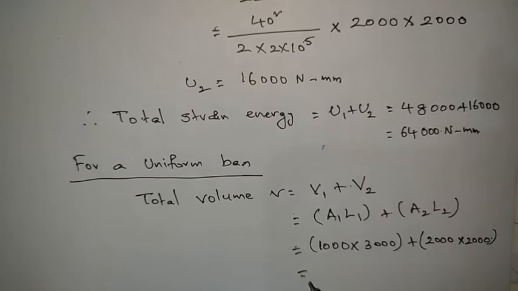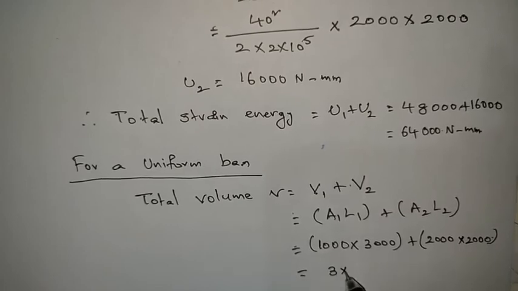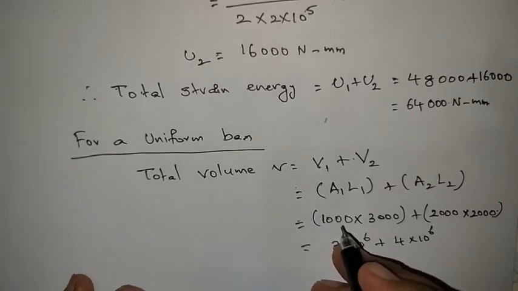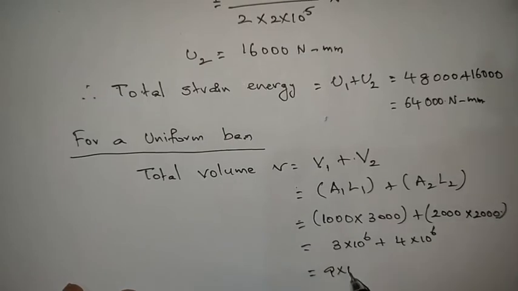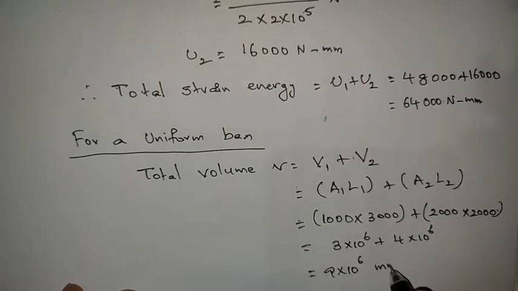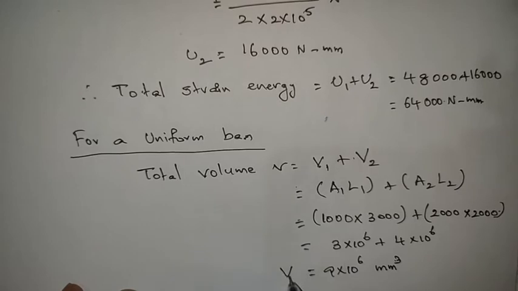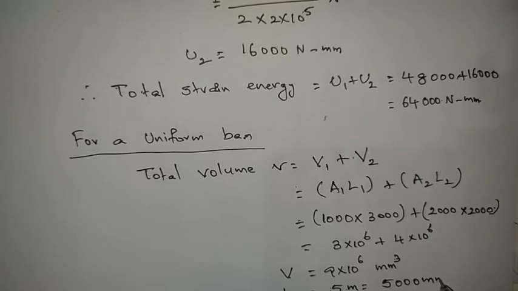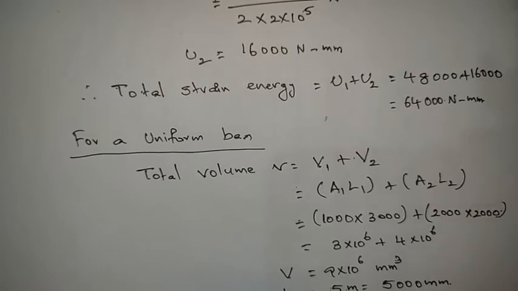So that will be equal to, here it is 3 into 10 power 6 and here it is 4 into 10 power 6. So that will be equal to 9 into 10 power 6 mm cube is the total volume, right? And next, the length value is the same, so that equals 5 meters and that is 5000 mm.